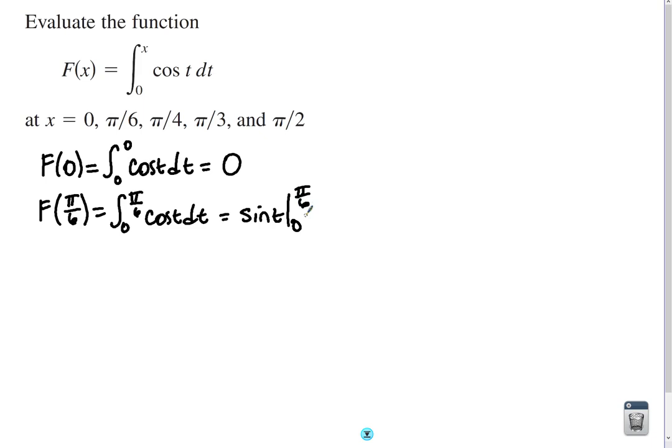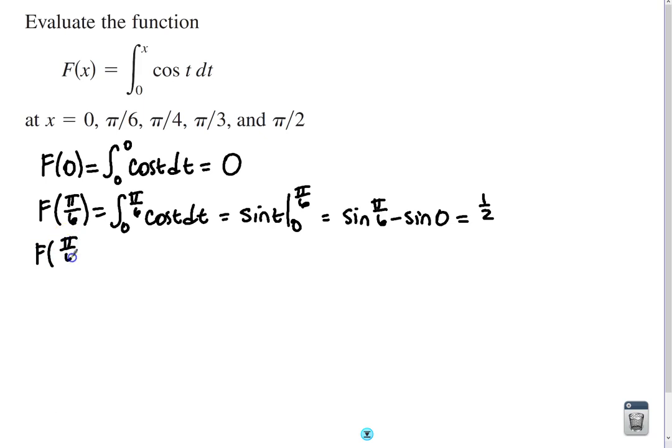This becomes the sine of pi over 6 minus the sine of 0. The sine of pi over 6 is 1/2. The sine of 0 is just 0. So that function value is 1/2. So the area under the curve from 0 to pi over 6 is 1/2. Well, what about the other values?